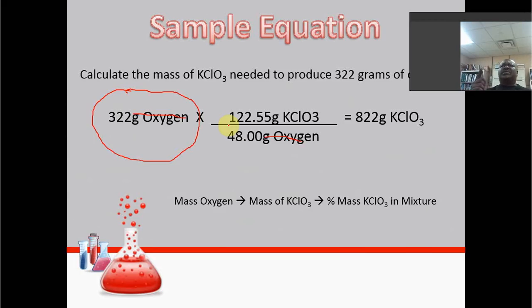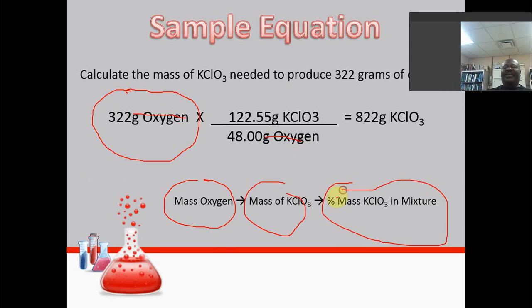From the grams of oxygen, we can go back and find the grams of KClO3 that produced the oxygen. And then from that we can find the percent mixture. There it is, and then we're done.